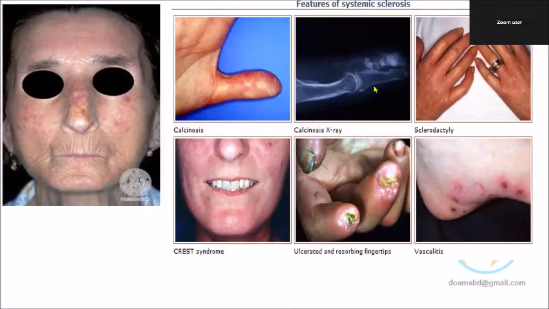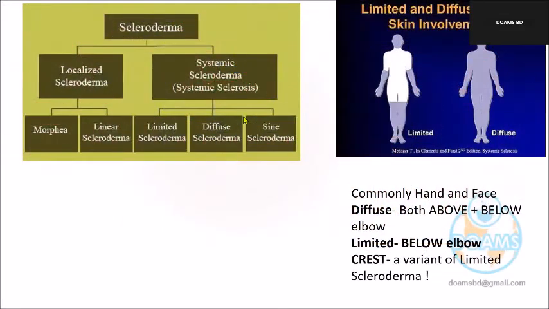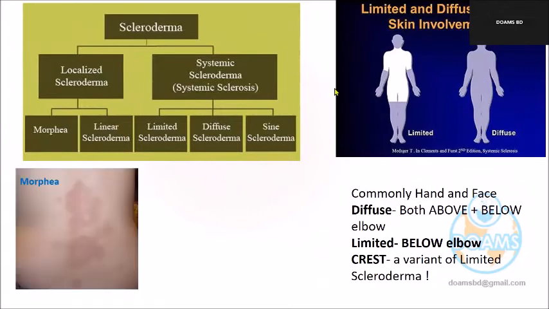So these are the other features. You see joints, skin, vasculitis all together. There may be Raynaud's problem, Raynaud's phenomenon. Microstomia, many things are there. So this is one. Scleroderma, we can divide into localized and systemic, including morphea, limited and diffuse. Today is not actually a scleroderma class, just showing you.